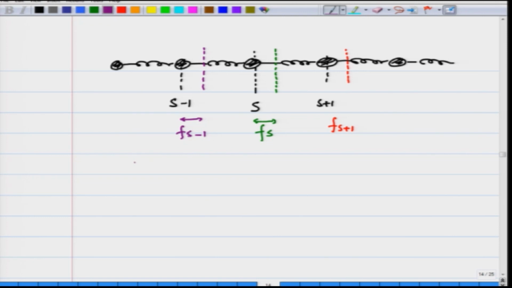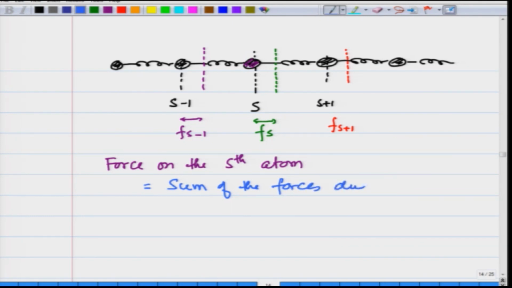Now, force on the Sth atom. There will be force due to the atom on the right and the force due to the atom on the left. So, this will be equal to the sum of the forces due to atoms at S minus 1 and S plus 1, assuming only neighboring atoms apply the forces.